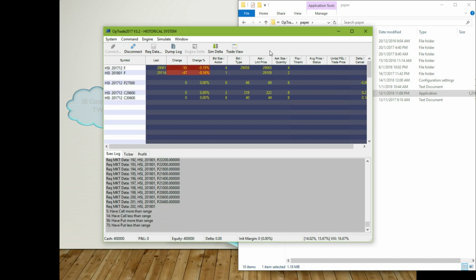On the other hand, the trade engine will still interface with the historical system as if it were the real-time system, except the running speed is much faster than the real-time system. It's just like fast-forwarding a movie that I have previously recorded.